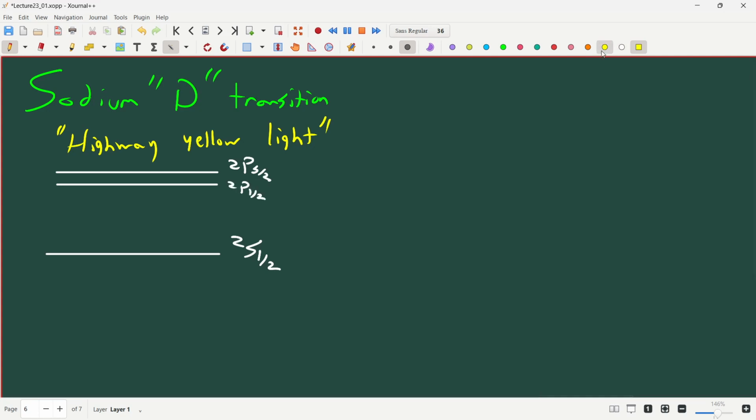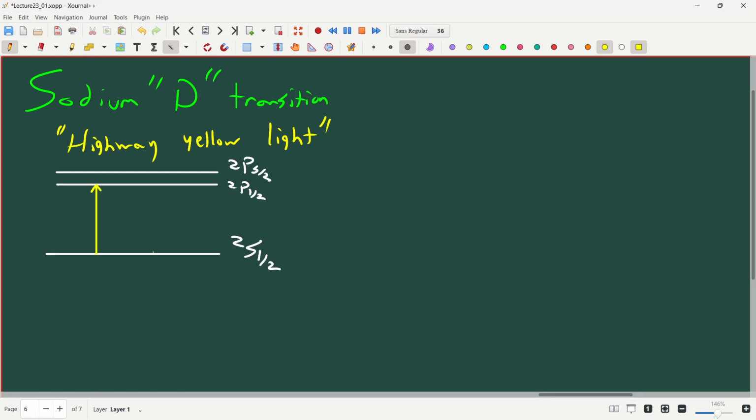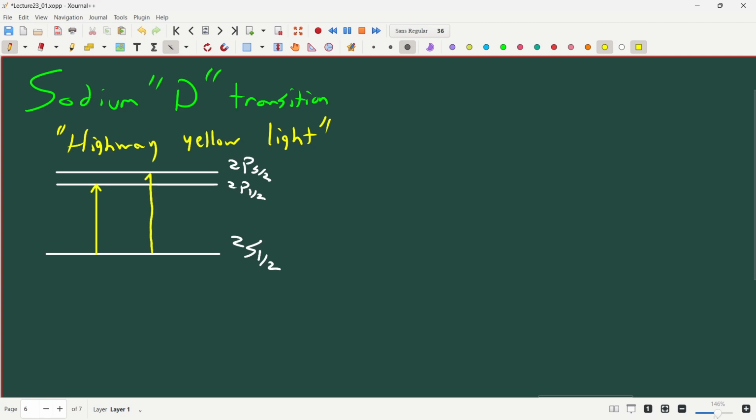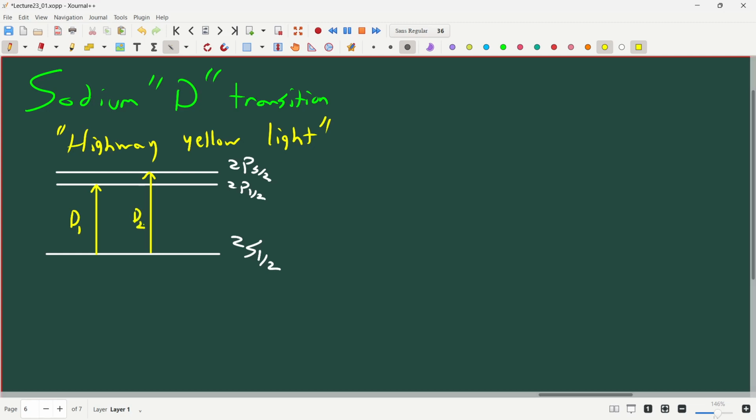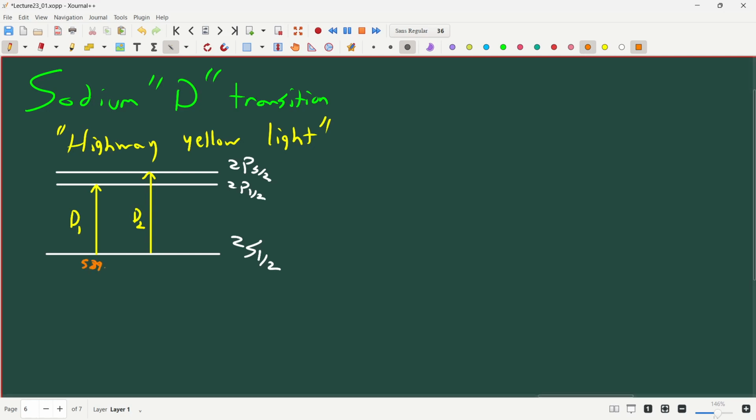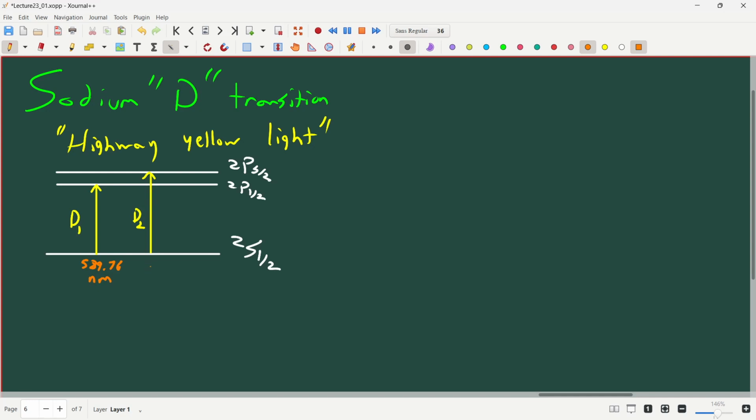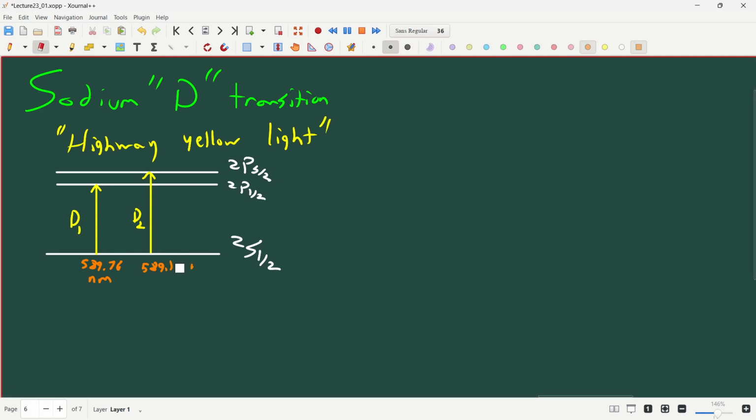And there are 2 lines. There's this one, which is called the D1 line, and there's the D2 line. And these are at very, very characteristic wavelengths. This one is at 589.76 nanometers. That's in the yellow. And this one's at 589.16 nanometers, which is also in the yellow.